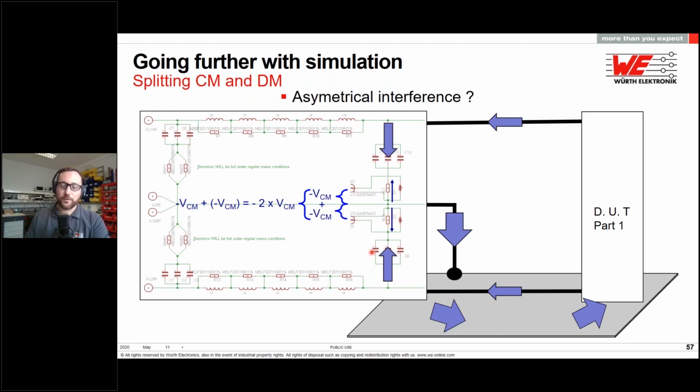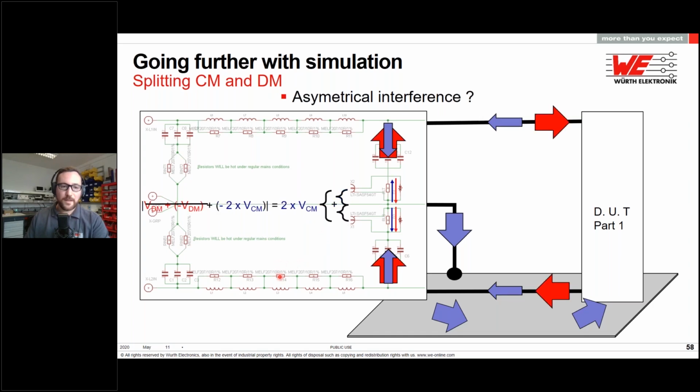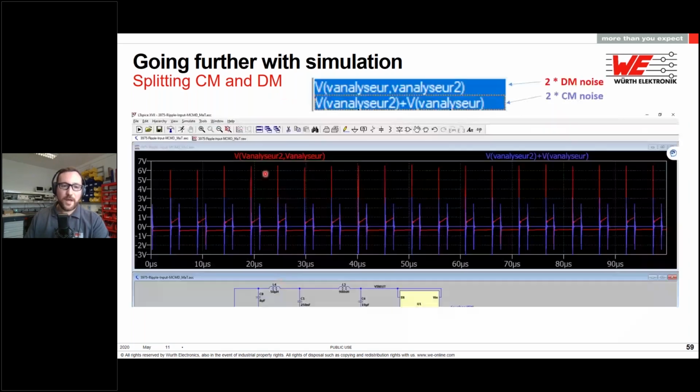You will have the slides. I already see that there were questions about getting the support in the presentation. You will get all the slides to get back to this. But yes, you can split the common mode and differential mode voltage in the simulation very easily. That's something that we do with the FFT.